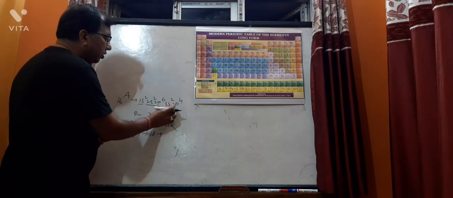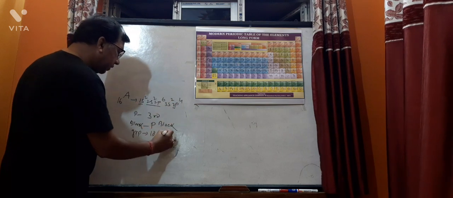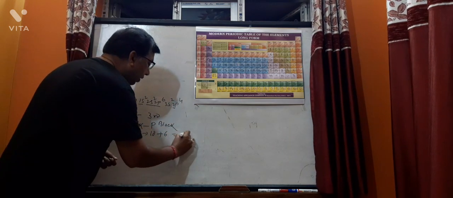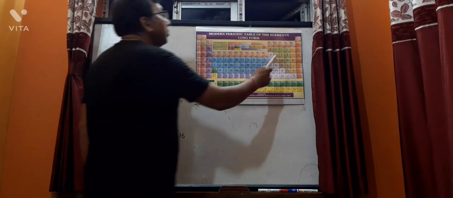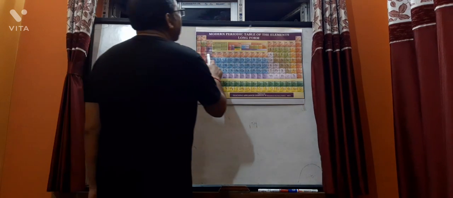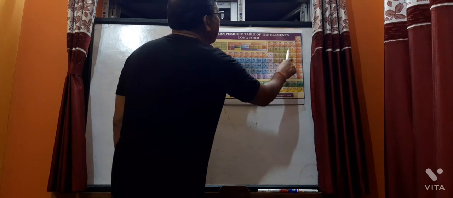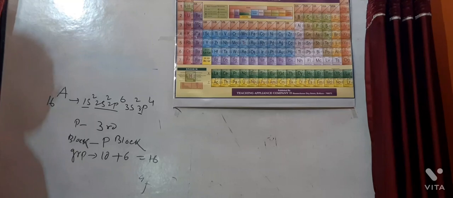The valence electrons are 4 plus 2, that is 6. 10 plus 6 is 16. This is group 16, and third period. Clear? That is sulfur.